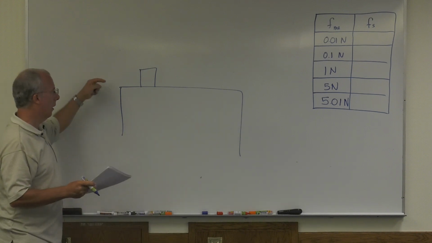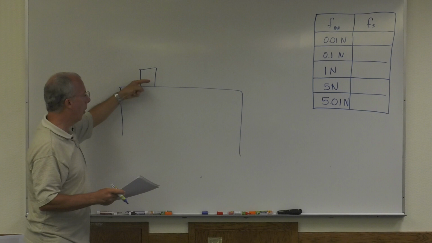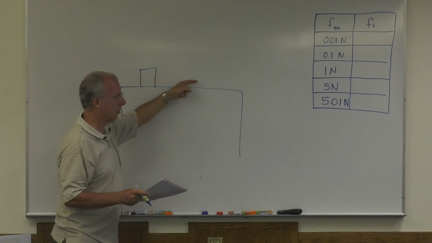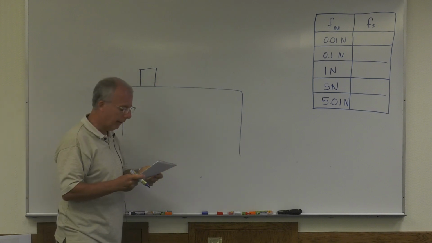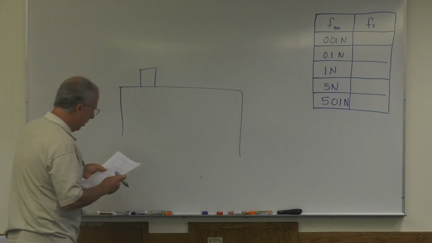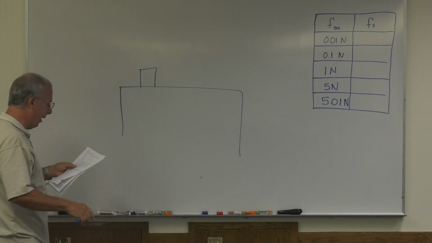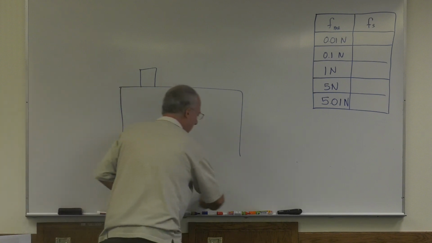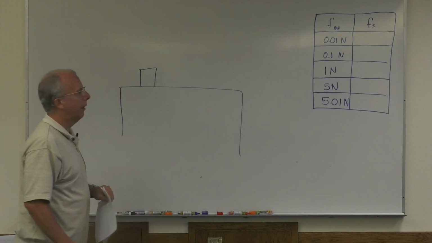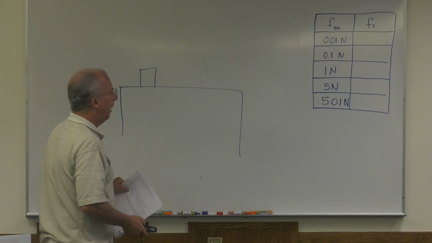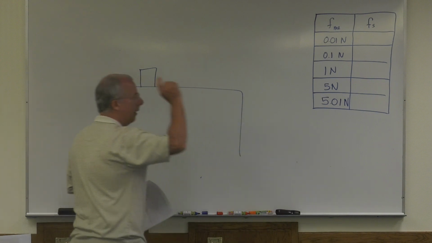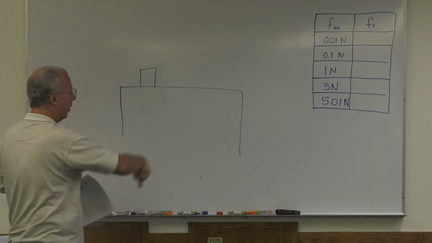What happens? After I let go, it goes slower and slower and slower, then it stops. So answer the questions. Let me show you. So pause your video. Answer the questions.